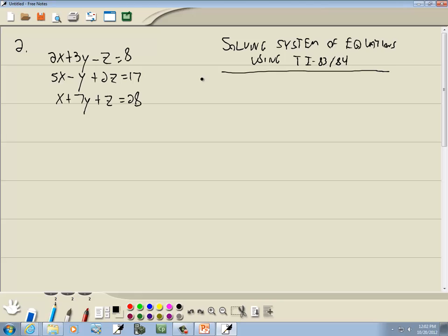Now, you saw these steps back when we had 2 equations, 2 variables, and they're the same ones. First step is get all the terms with a variable in them on the left side, numbers on the right side.